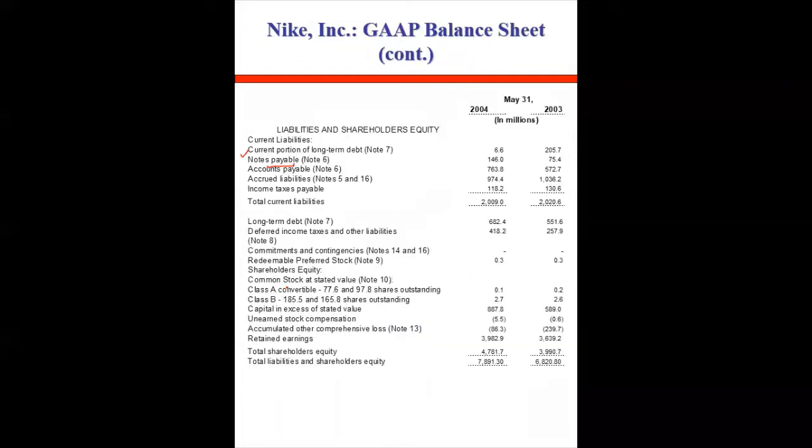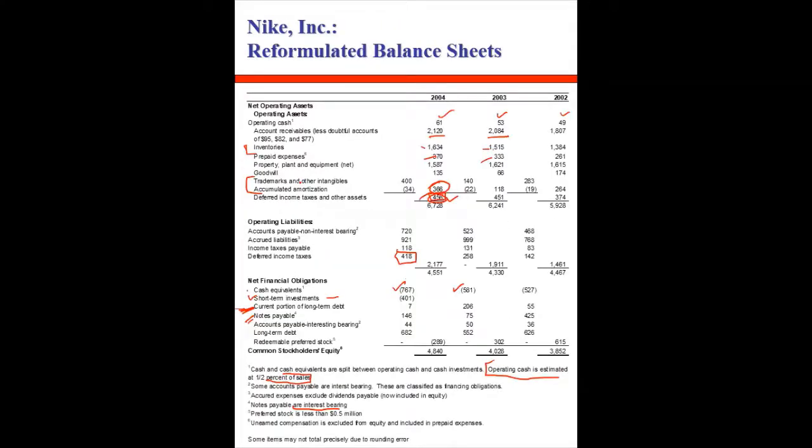If it had been mentioned that notes payable is not interest bearing, we would consider it as a part of the payables generated for the purpose of trade. And the accounts payable, often we see some confusions here. Accounts payable, how can we allocate it for trading and for the purpose of financing?